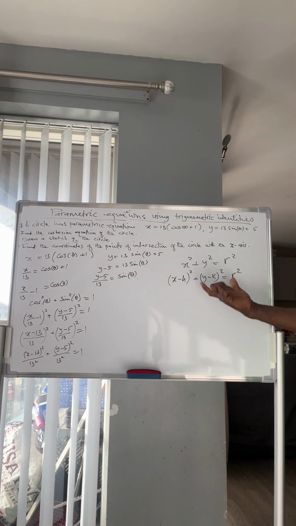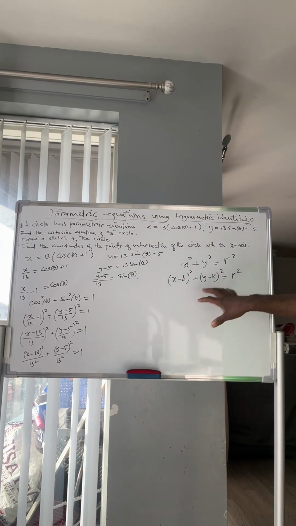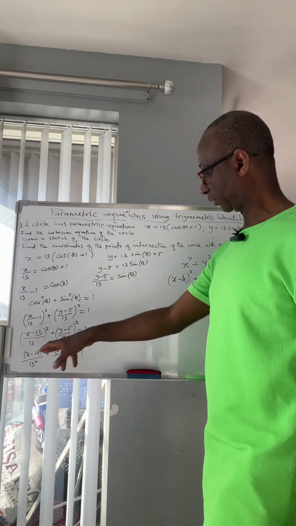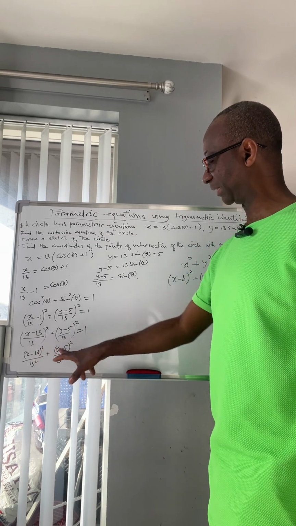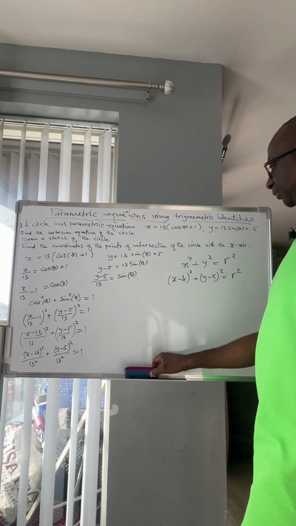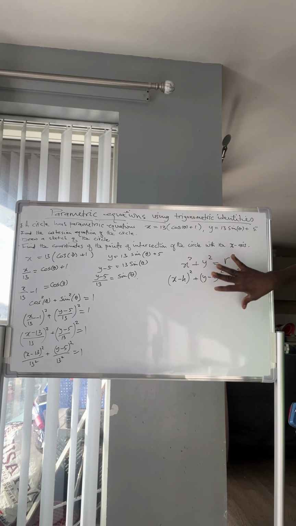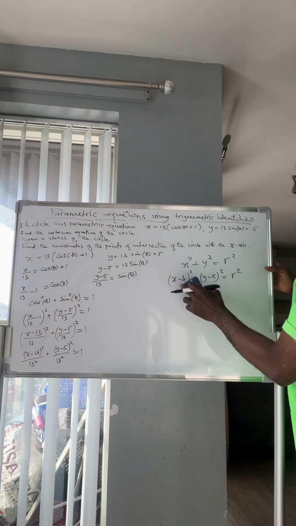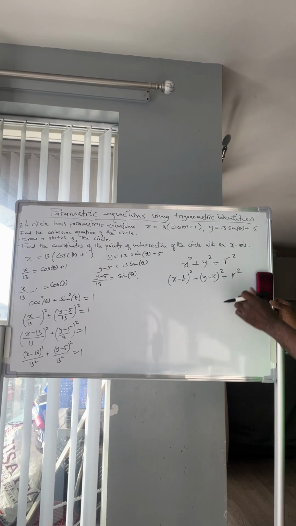That is what we have here. We have numbers inside the parentheses, and that is telling us this circle is not centered at the origin. So have this at the back of your mind.